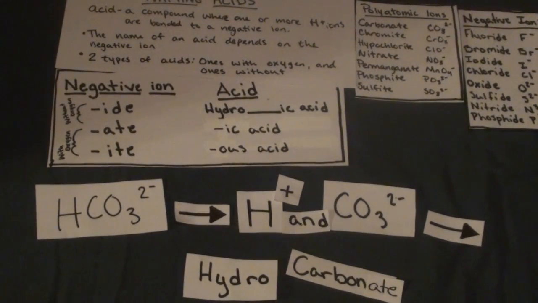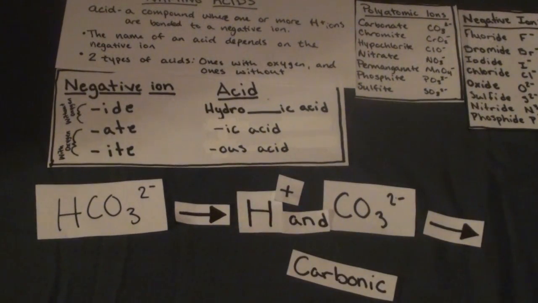Now, as the rule says, ATE turns into IC, like it did before. So it becomes carbonic. But when you have acids with oxygen, you don't need the hydro. So we can get rid of the hydro, and we're left with carbonic acid.